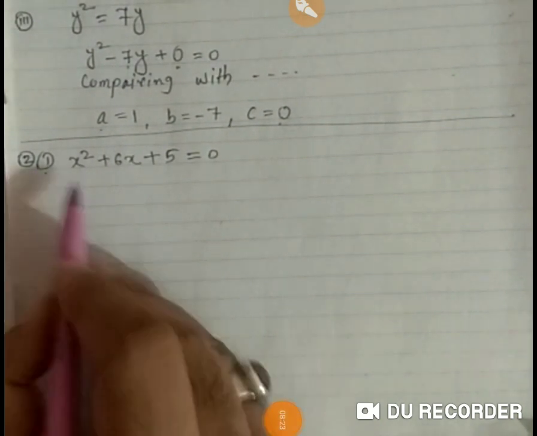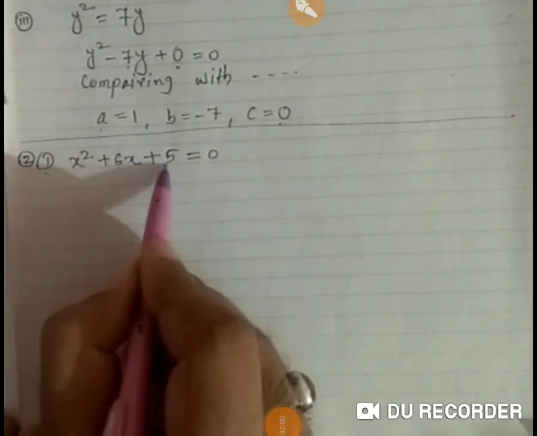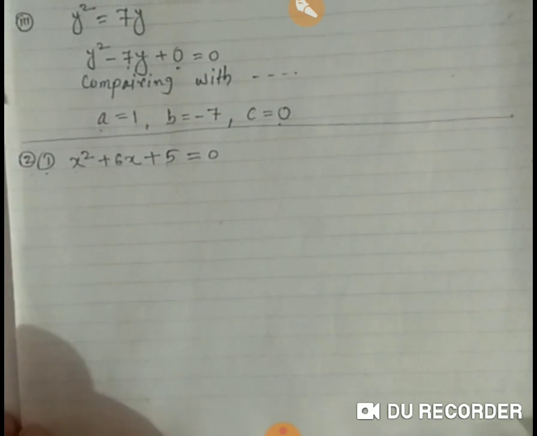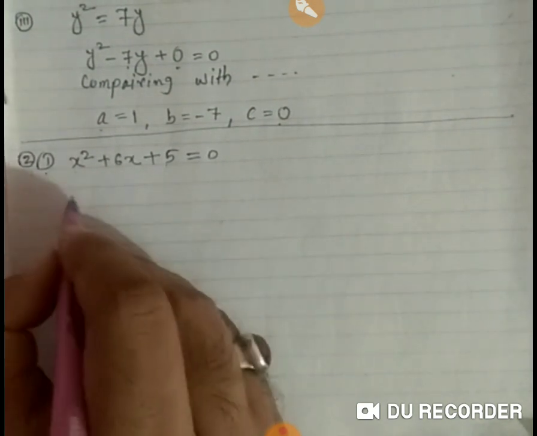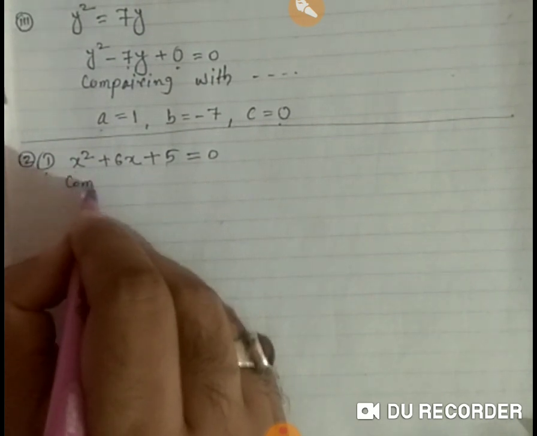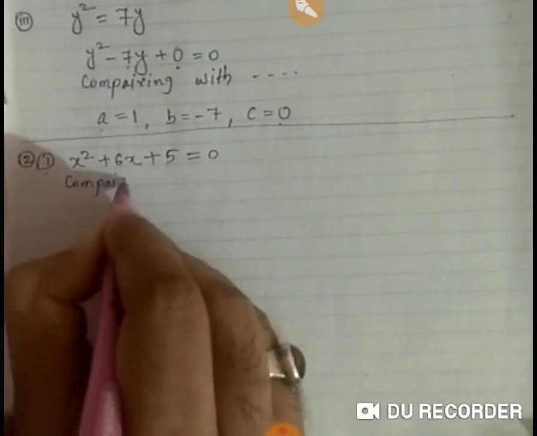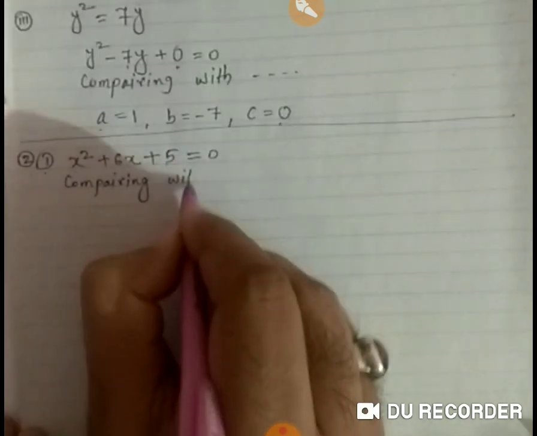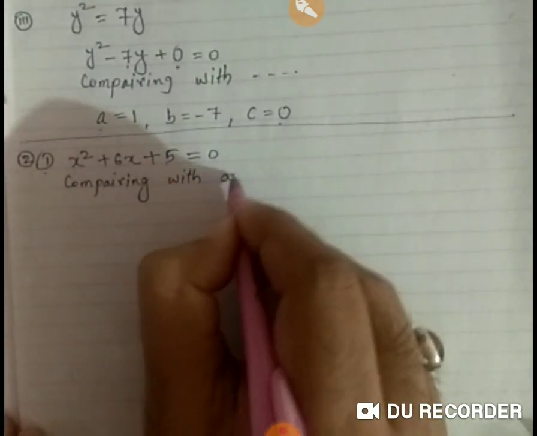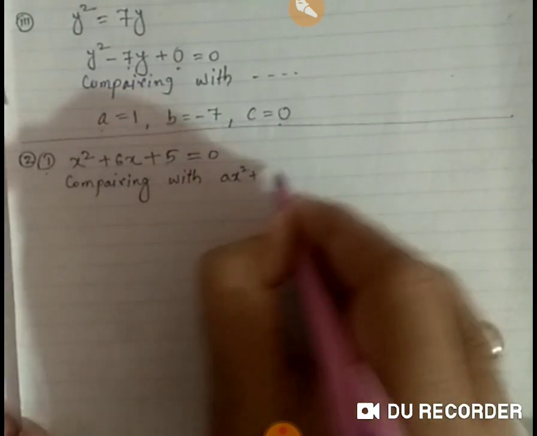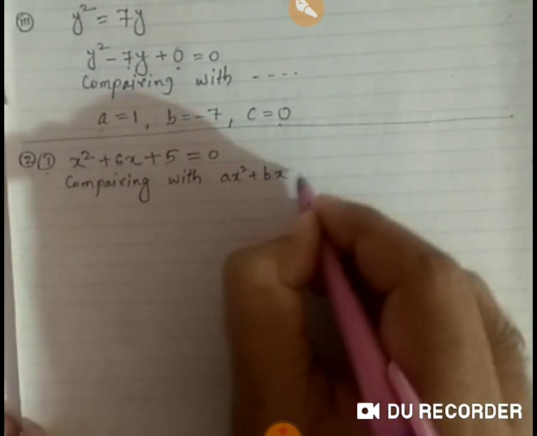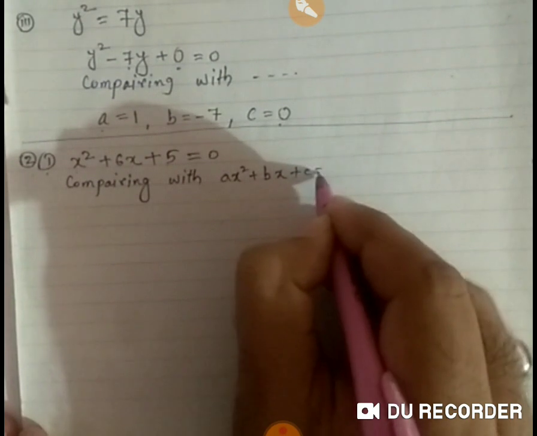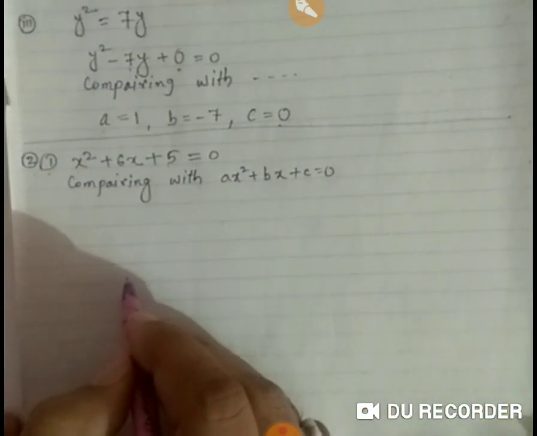Okay, we need to solve this equation by using the formula. First I'll make the comparison, comparing with ax square plus bx plus c equals to 0.